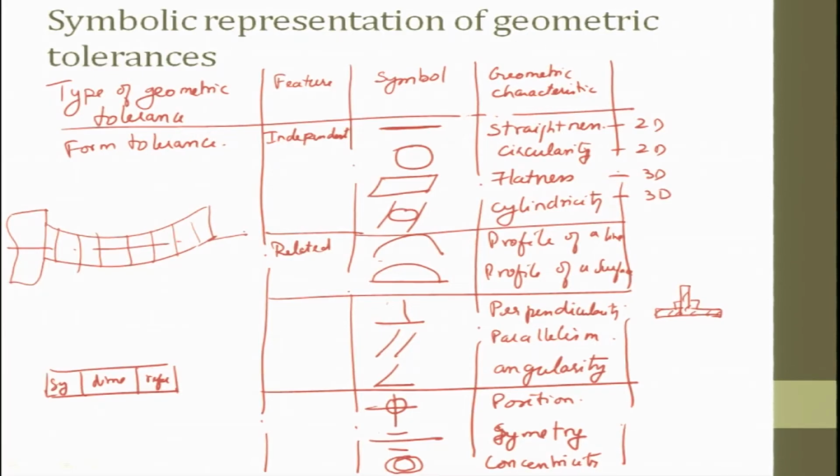So, when such components have to go for assembly, then comes the importance of geometric tolerance. Under geometric tolerance we had 3: one is form, another is orientation, and position. So, all 3 are important. Position will always talk with respect to a datum.